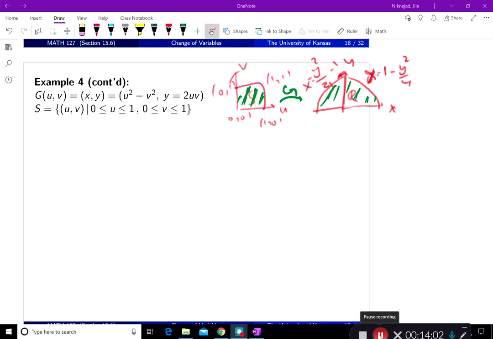Last but not least, you could have actually figured out the area of R using basically one variable calc. And how would that work?